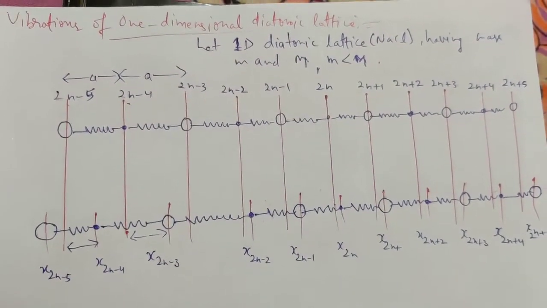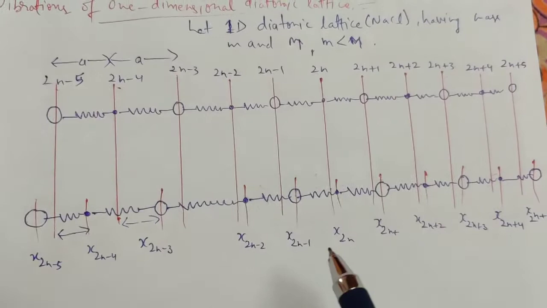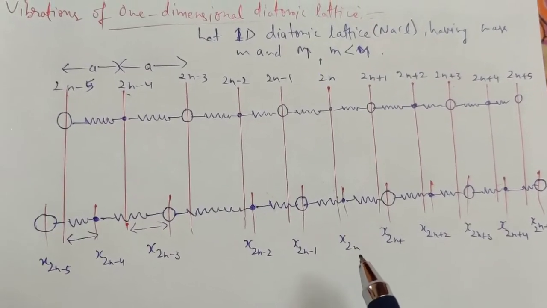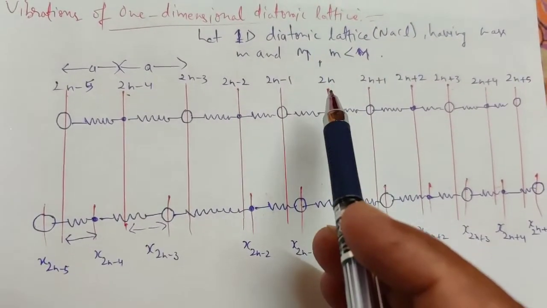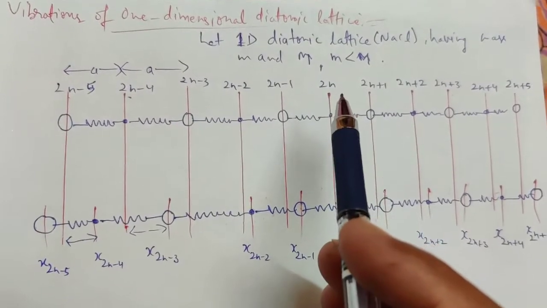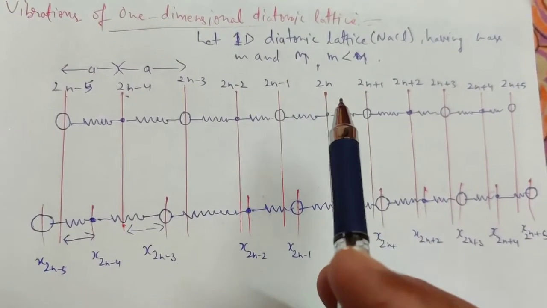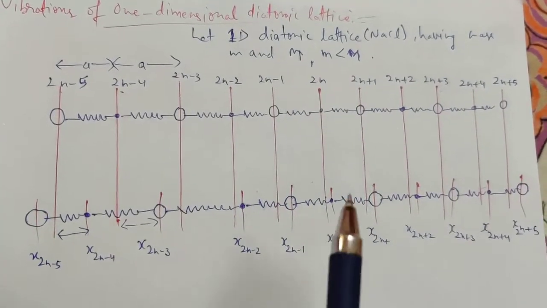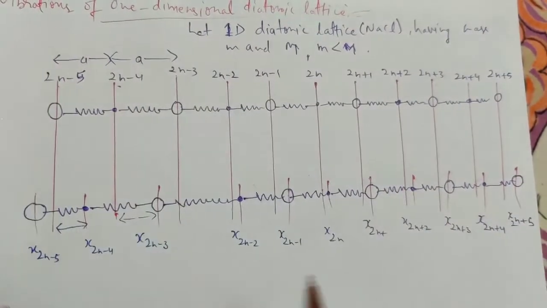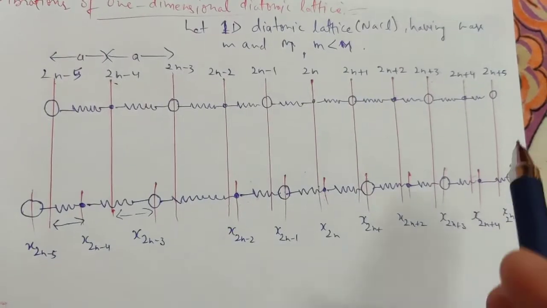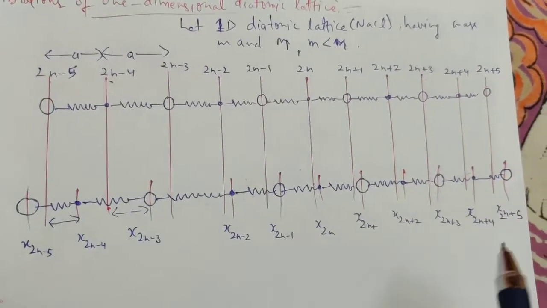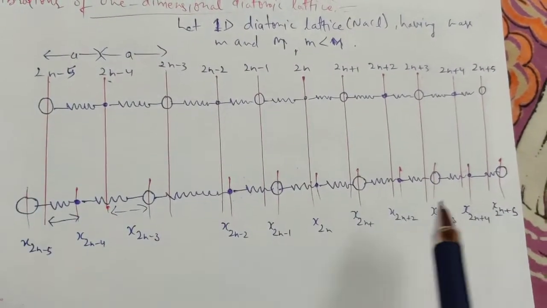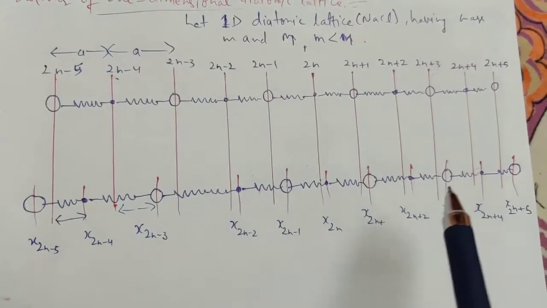Now let x2n represent the displacement of the 2nth site, and the other assumptions are the same as for the monatomic lattice. Now we proceed the same as for the monatomic lattice. जैसे हमने monatomic lattice के लिए प्रोसीजर किया था, वैसे इसी diatomic lattice के लिए करेंगे.